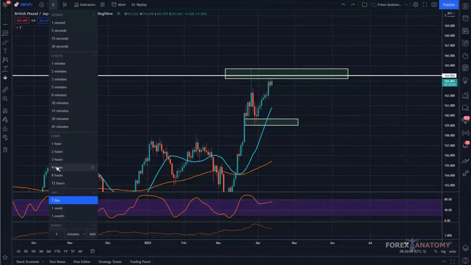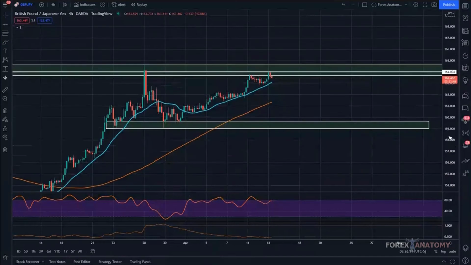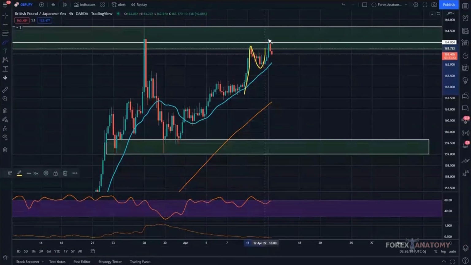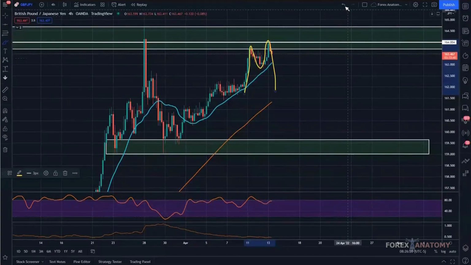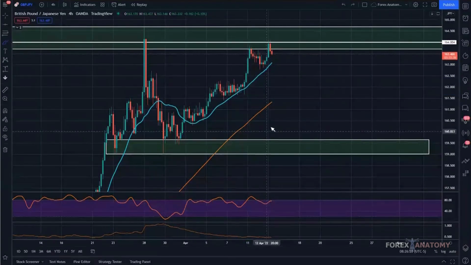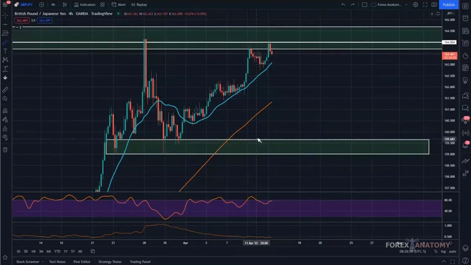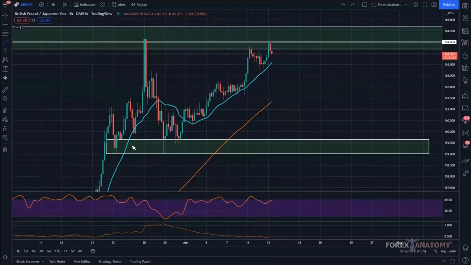But on the 4-hour, we also see what could potentially be a double top, or an M pattern as well. And if that does take place, then we could definitely look for a potential opportunity to sell until we get down to this zone or this area right here. Even though that's risky, I probably wouldn't want to hold it for that long, but that's something that we can potentially do. But let's see.